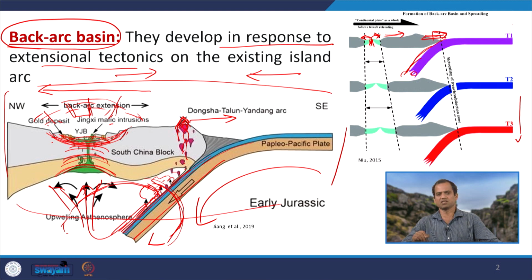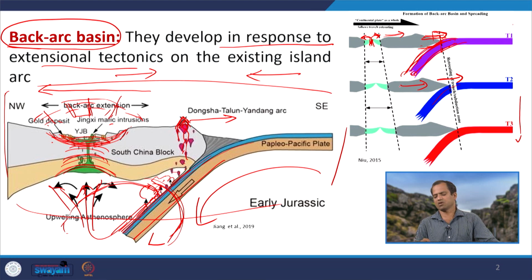It is putting more and more stress on the downgoing slab. Due to this stress accumulation, this part will move in the opposite direction because the pushing from this direction is tremendous. That is why the bending was occurring earlier here, the bulge was here.